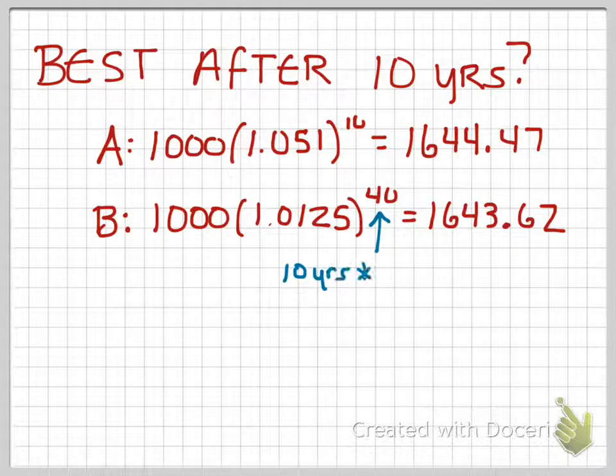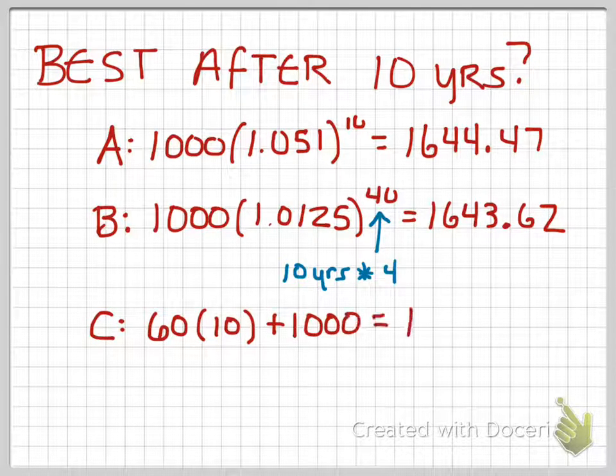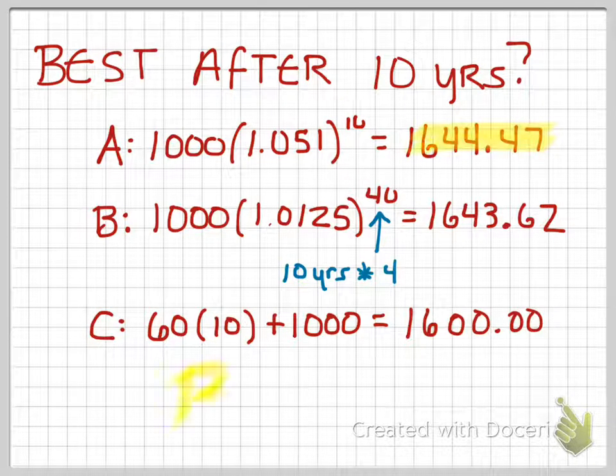Again, 10 years times 4 to come up with 40. Bank C is at simple interest, so we do the slope, 60 times the number of years, which is 10, plus 1,000, you come up with 1,600, and you can see that the best bank to invest your money in is Bank A, 5.1% compounded yearly.